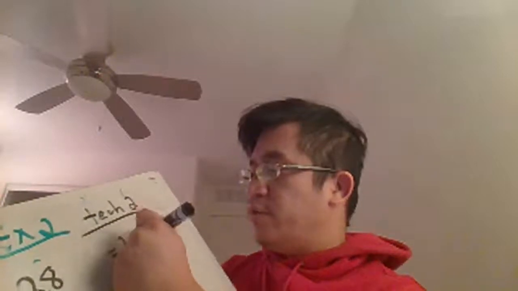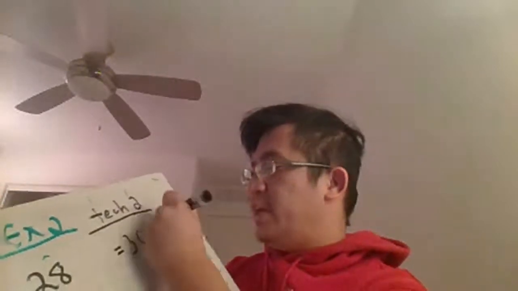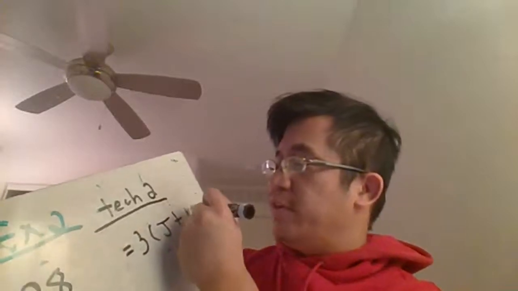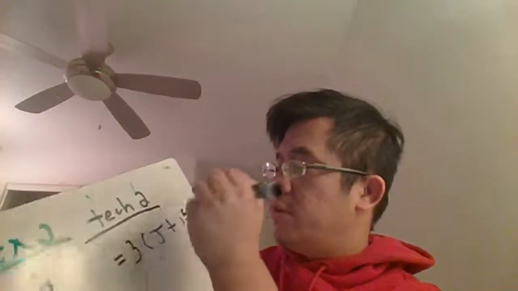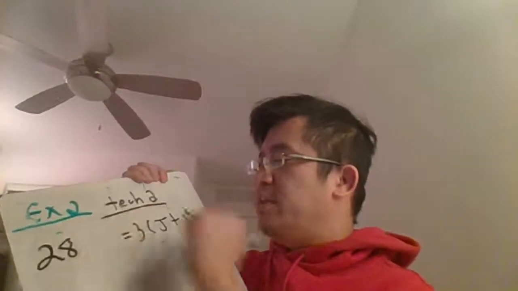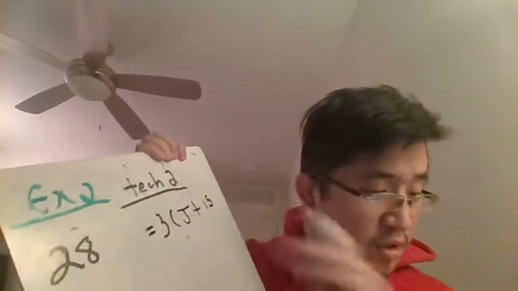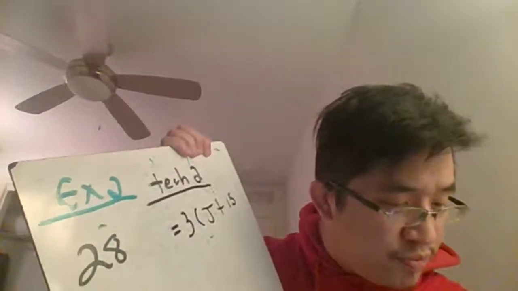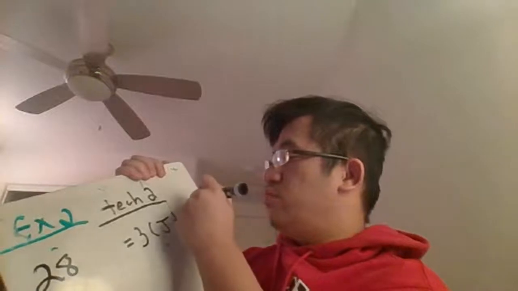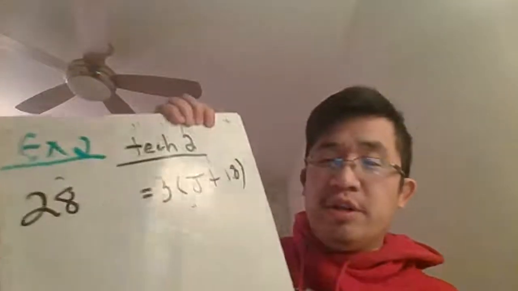So it was 3 times J plus, let's make this a 15. Oh, no, it was a 5, wasn't it? It was 18. So it looked like this.